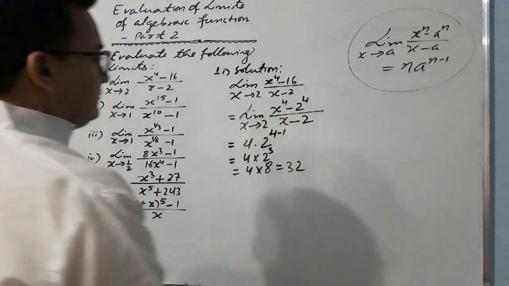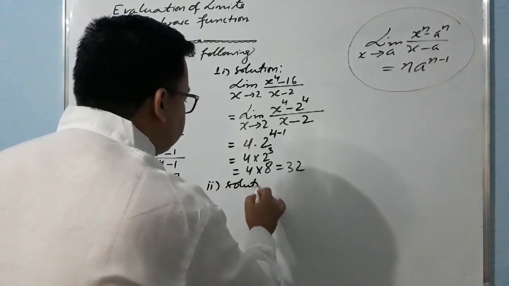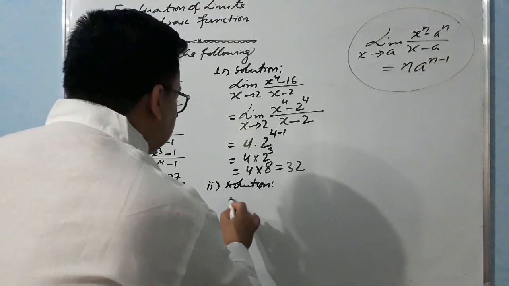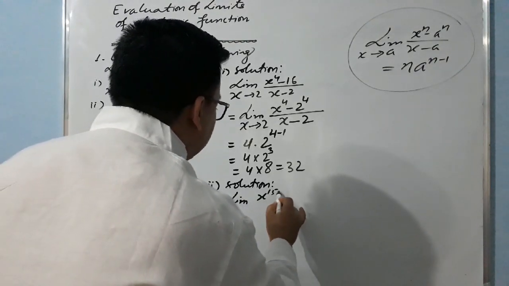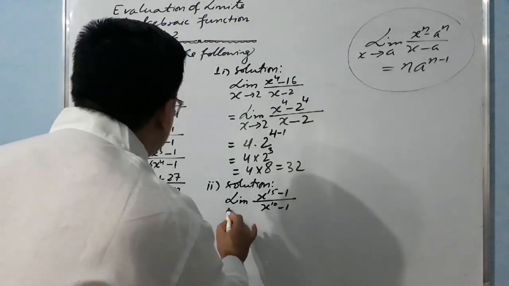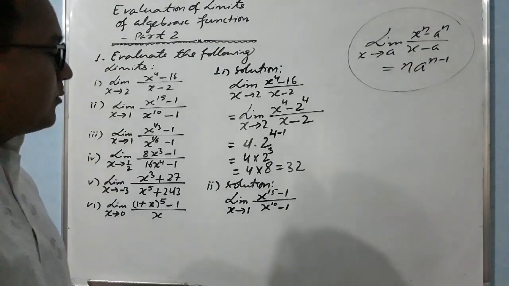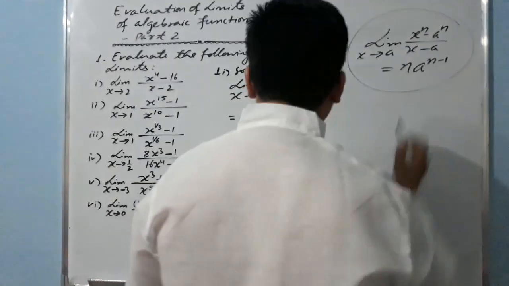Second question, solution. Limit of x raised to power 15 minus 1 upon x raised to power 10 minus 1 as x tends to 1. Here is one problem. If you go through this theorem, you will find x minus a.